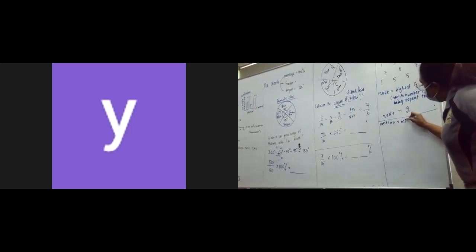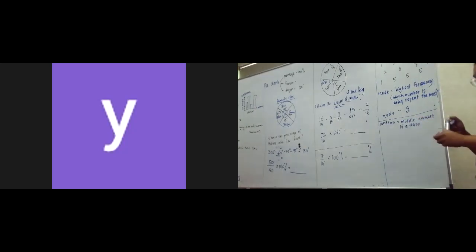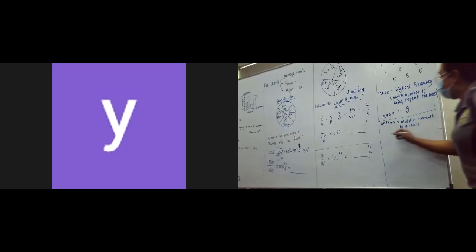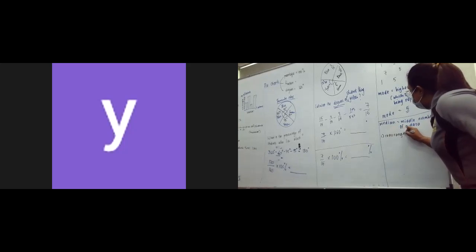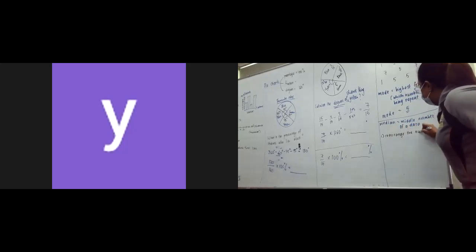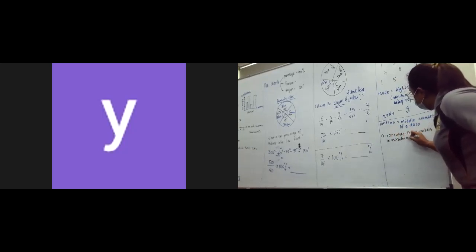Median is the middle number of a sequence, the middle number of a data. When it comes to ungrouped data, the first thing is to rearrange the numbers in ascending order. What's ascending order?